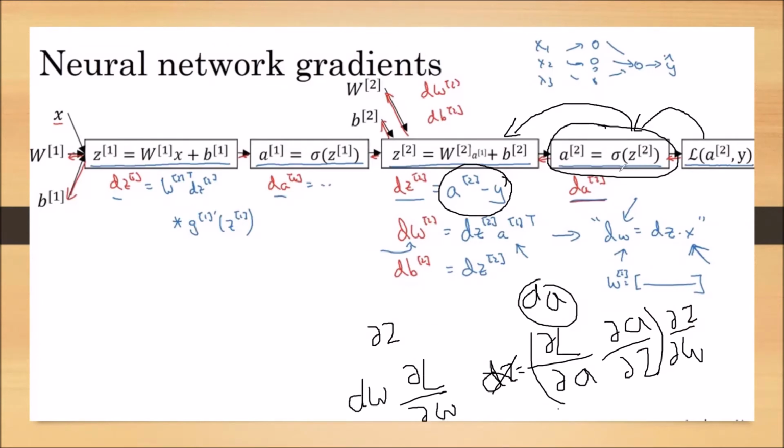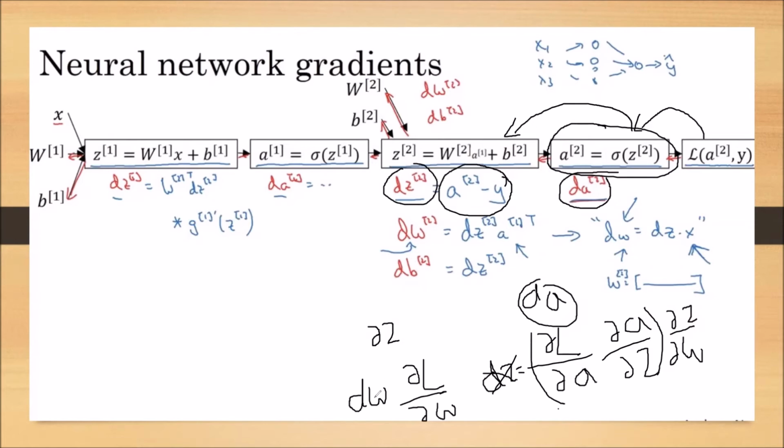So dA is the differentiation of the loss function with respect to A. dz is the product of the differentiation of the loss function with respect to A and the differentiation of A with respect to Z.